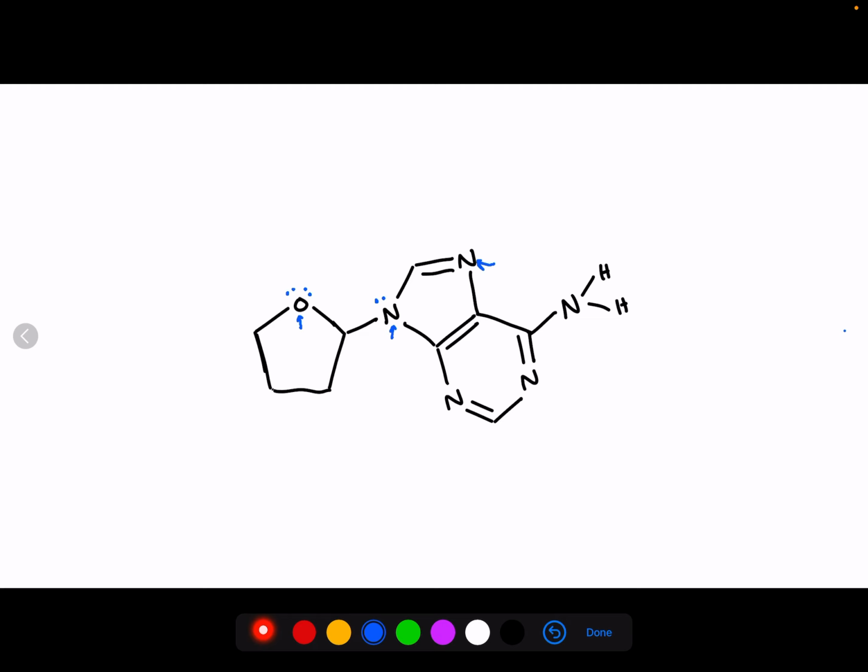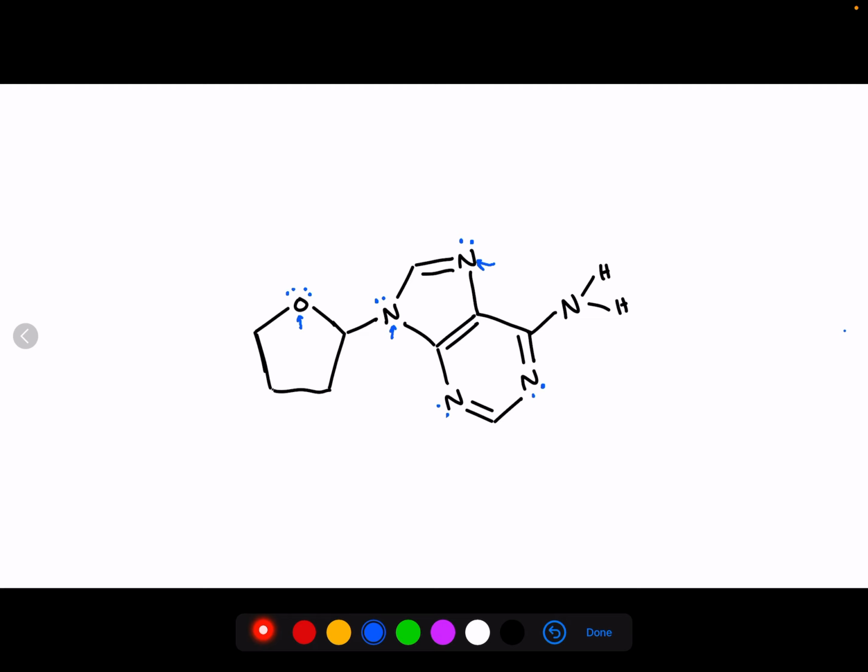The same thing applies for this nitrogen here because it has a double bond and a single bond, so that counts as 3 bonds. So adding 1 lone pair is going to make it have a formal charge of 0 and complete its octet. Same pattern goes for these 2 nitrogens, which both have a double bond and a single bond.